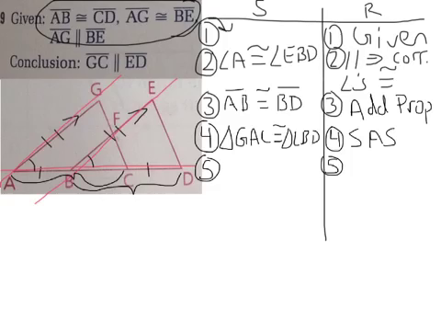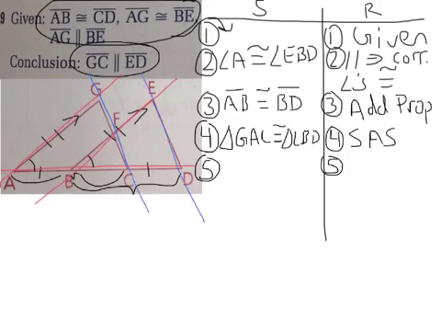Now let's think about this. I want to prove that GC is parallel to ED. So I'm going to try and get rid of some of the stuff that we already know. Our triangles are congruent. So if I already know that my triangles are congruent, and I want to prove, I'll do this in blue, that these two lines are parallel.